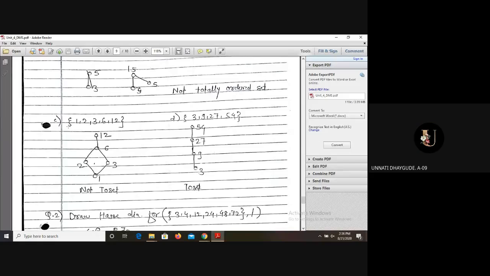Yes, ma'am. Okay. Now the second question: draw a Hasse diagram for this set, which consists of the elements 3, 4, 12, 24, 48, 72, and the relation is the divides relation. Take 5 minutes and draw a Hasse diagram for the given set.